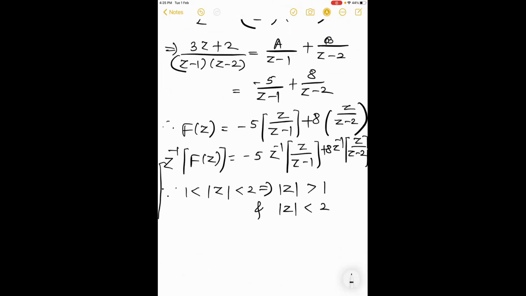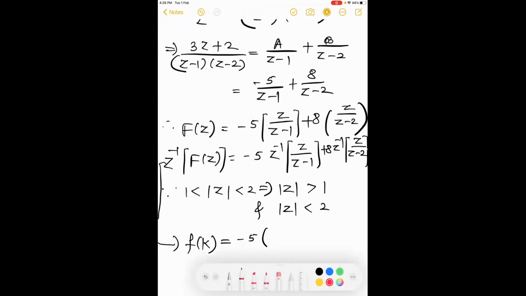So on the left hand side, the answer is f of k is equal to -5 into what is that sequence? The sequence for Z upon Z minus 1 is 1 raised to k.